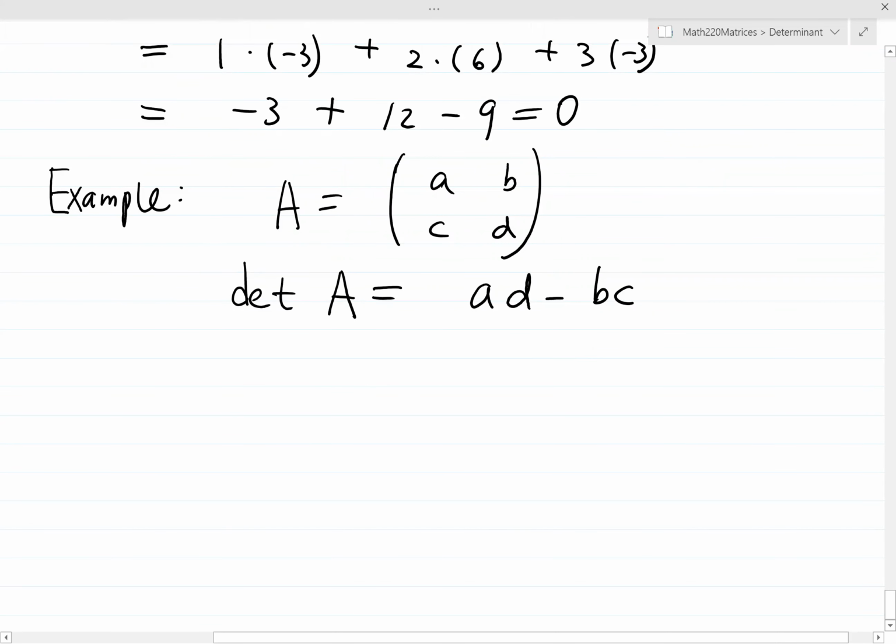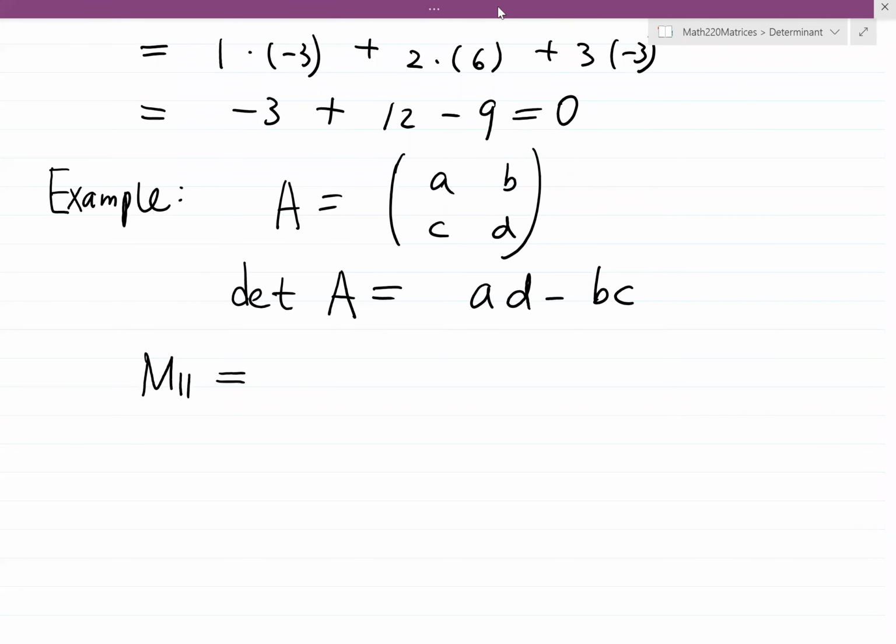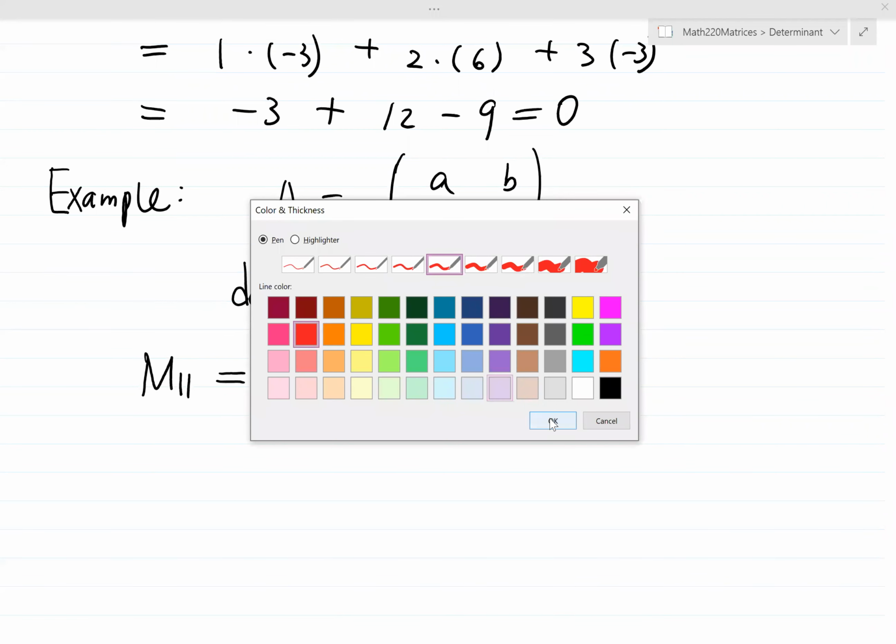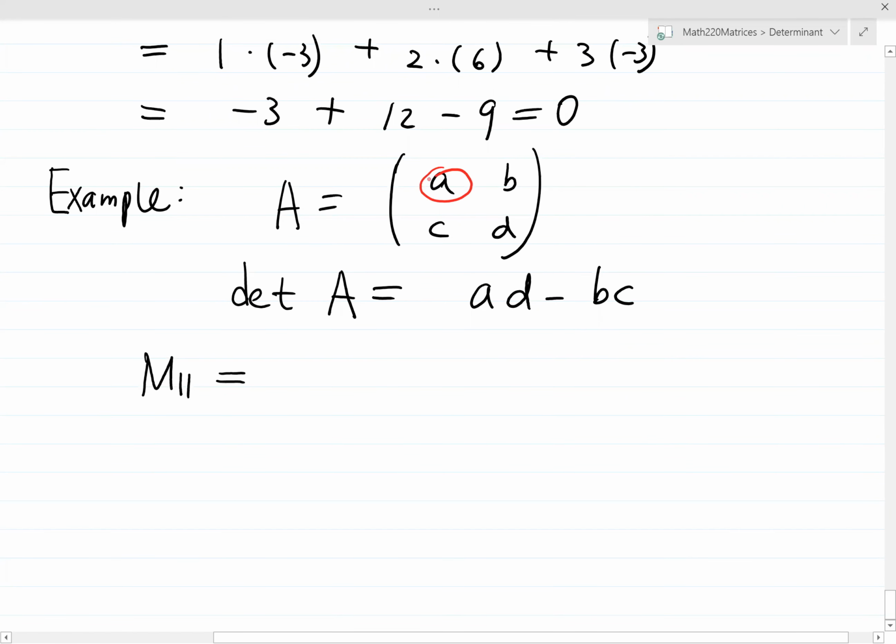What's the minor M11? We find the 1,1 entry, which is A. We cross out the row and the column that has A. The remaining thing is D. It's a one by one determinant, which is just the number, so we get D.